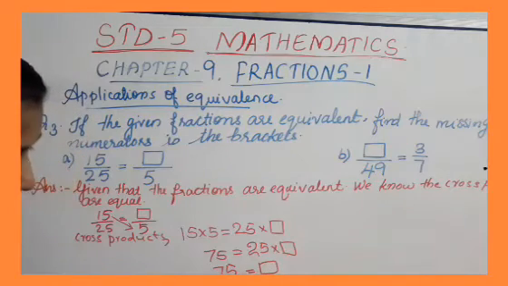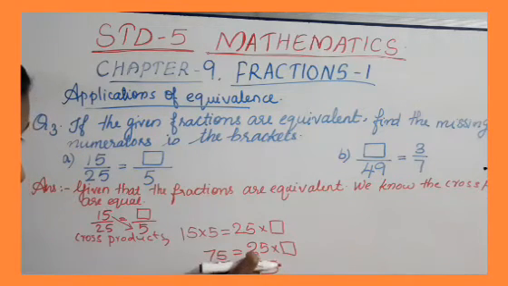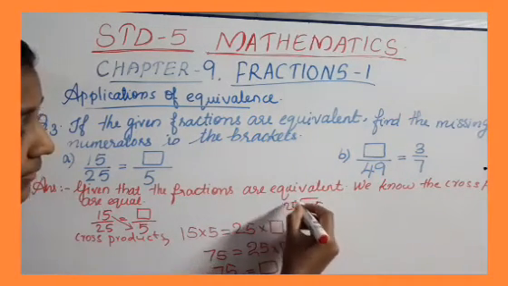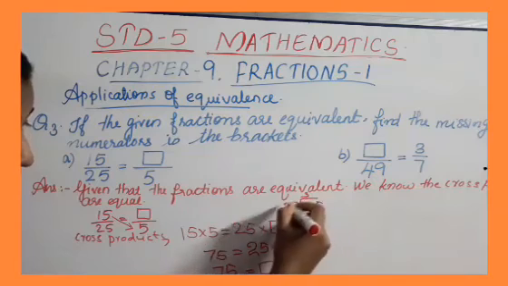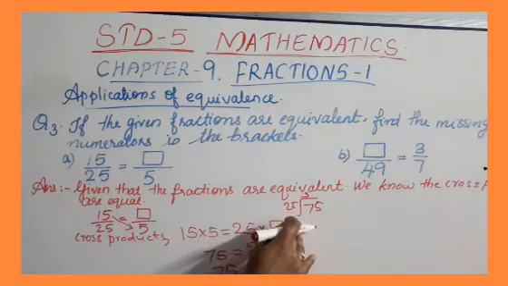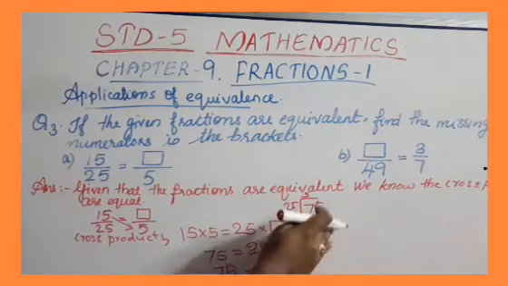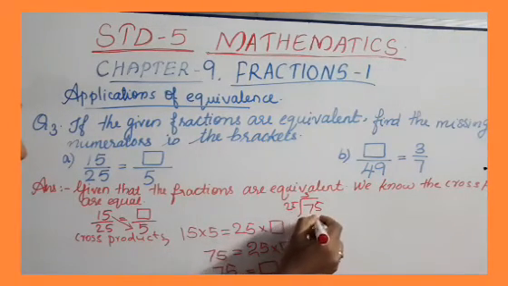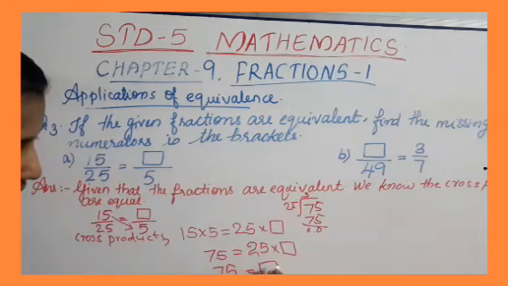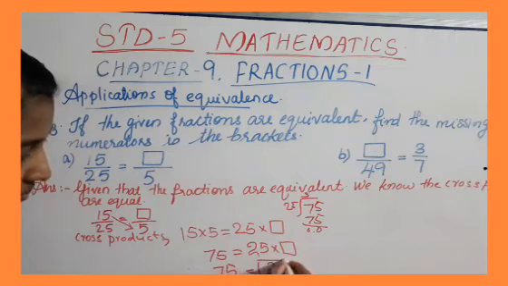So dash is equal to 75 divided by 25. Now you divide 75 by 25. What is that? 3 25s are 25 plus 25 is 50, plus 25 is 75. So 75 is 3 times 25. So you will get the answer here as 3.